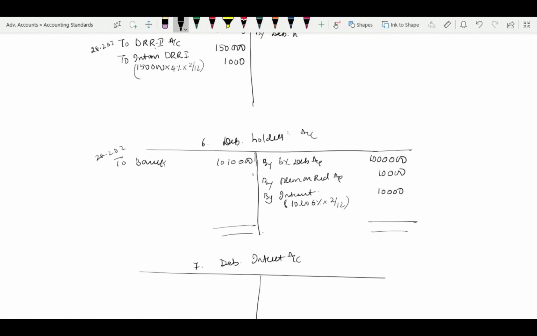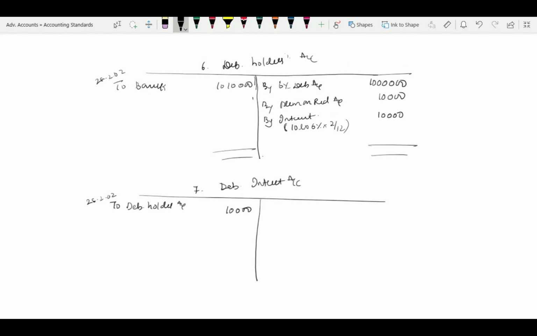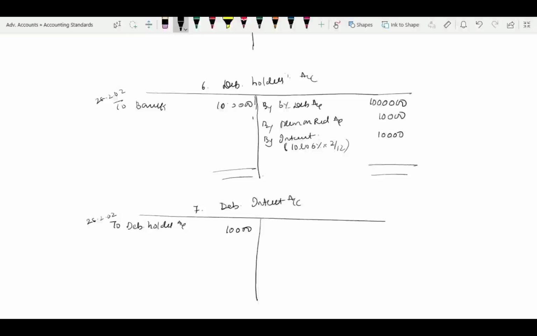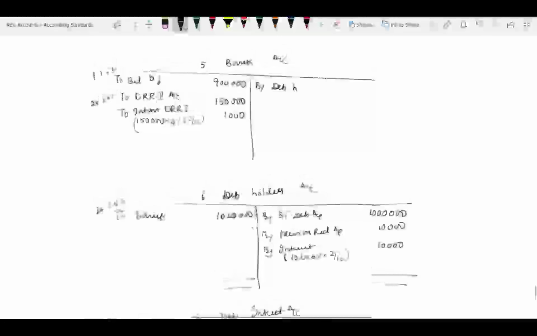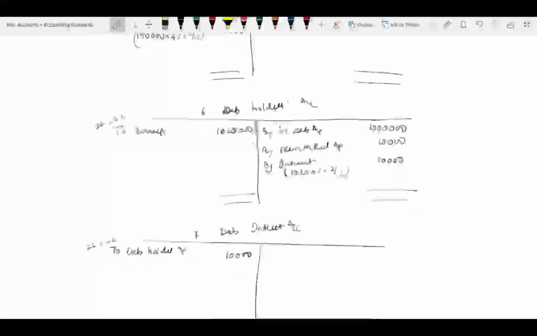In the debenture interest account debit side, 28/2/02 to debenture holders account another 10,000. This is the broken period interest. So in the debenture holders account, write it as 10 lakh 20,000, and the corresponding figure in the bank account is also 10 lakh 20,000. So debenture accounts are closed.